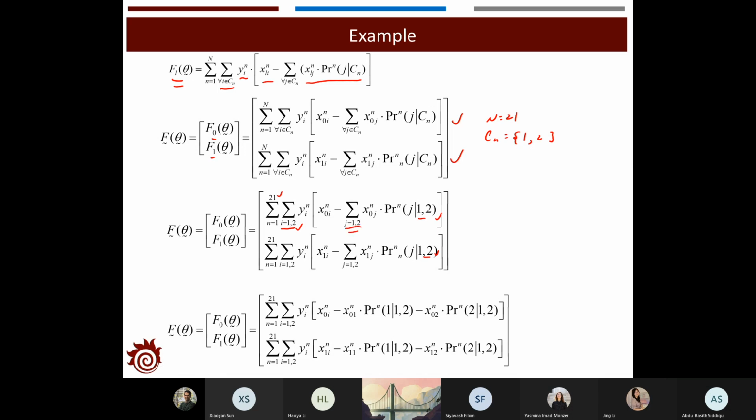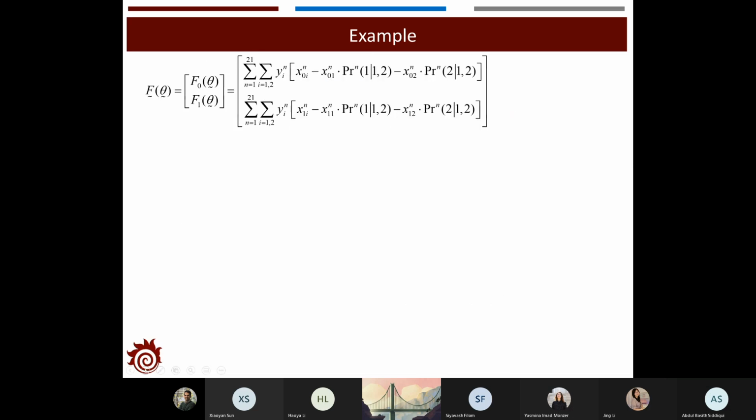As we only have two modes, this one can be simply expanded. So that is x01 times the probability of 1 minus x02 times the probability of 2. Similarly, we can get the information for the second equation. So that's for the F(θ).